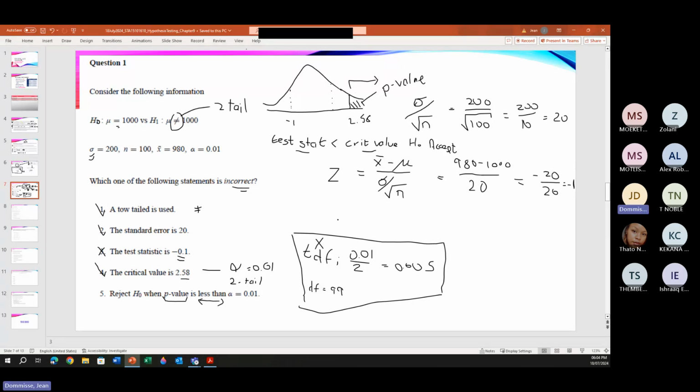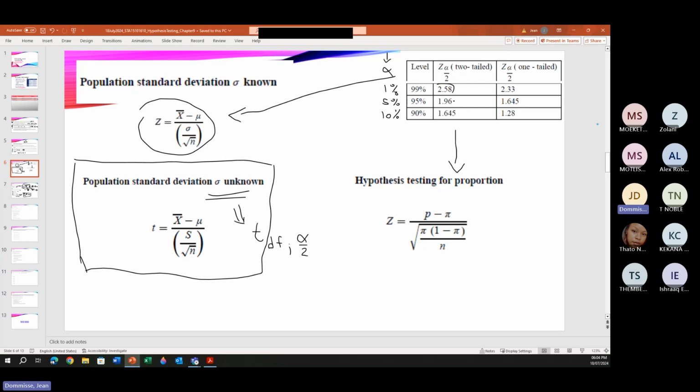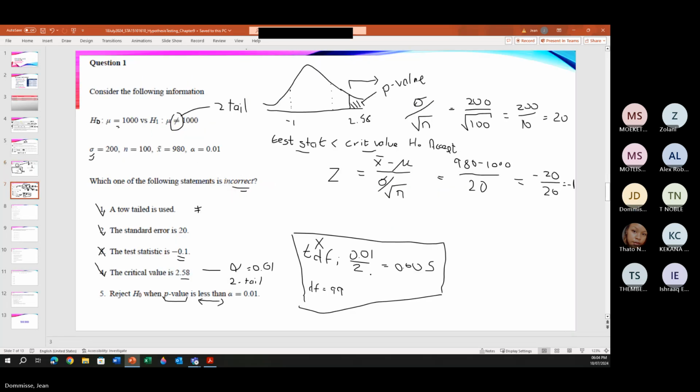So we have it from that table. But if we go to the T-stat of -1, and we always use the positive values of both.